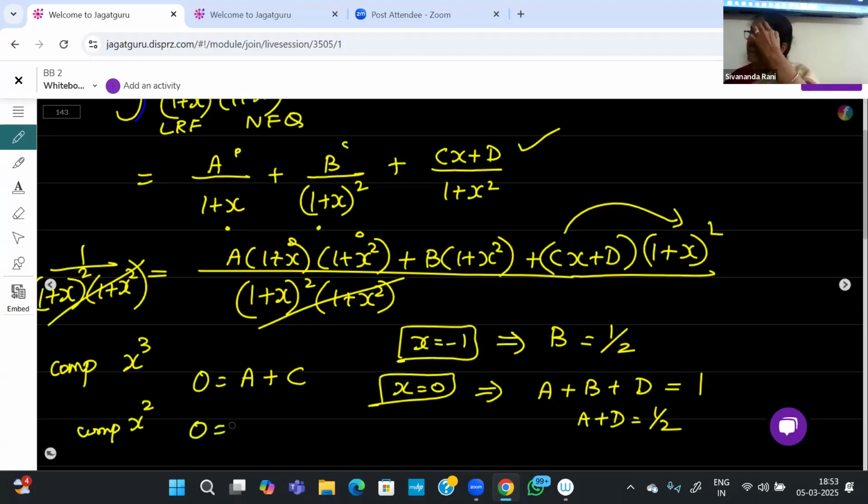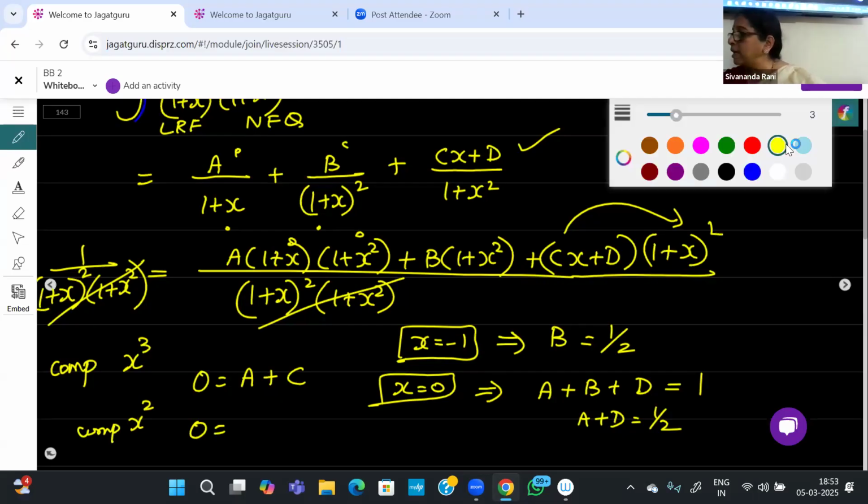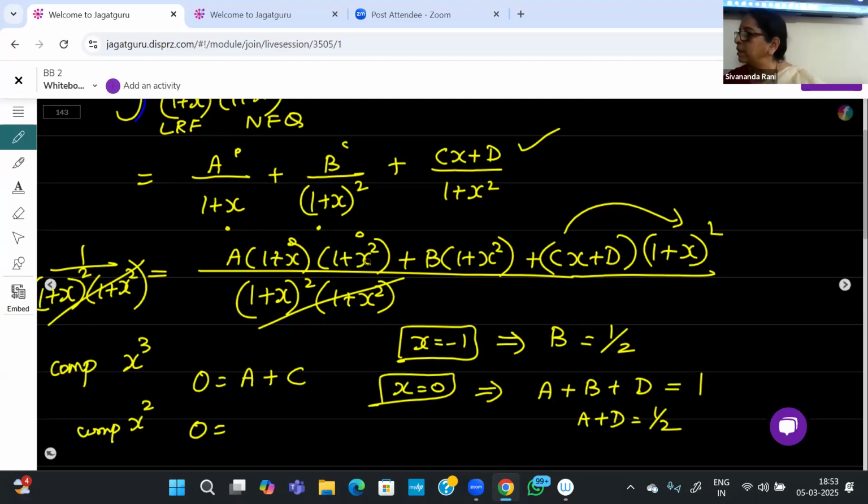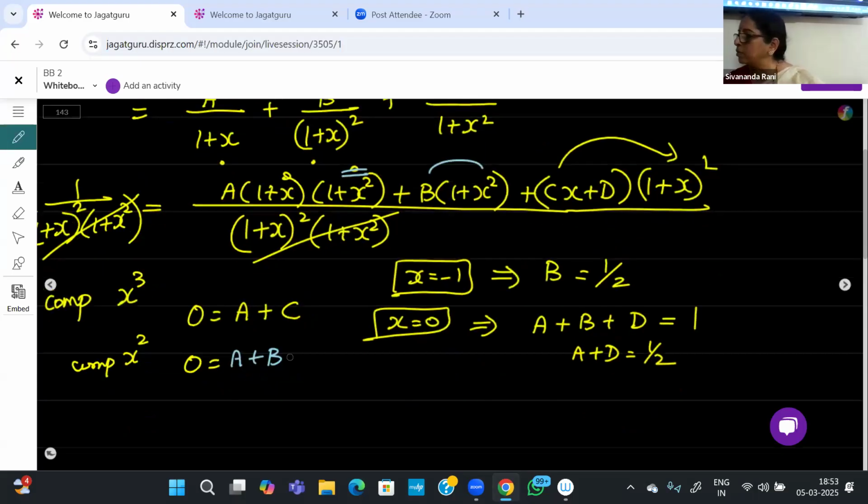Tell me all the x square terms. I think there is one x square term over here, x square into A. There's another x square term here, B. And C is accompanied by 2x there, and D is accompanied by x square.